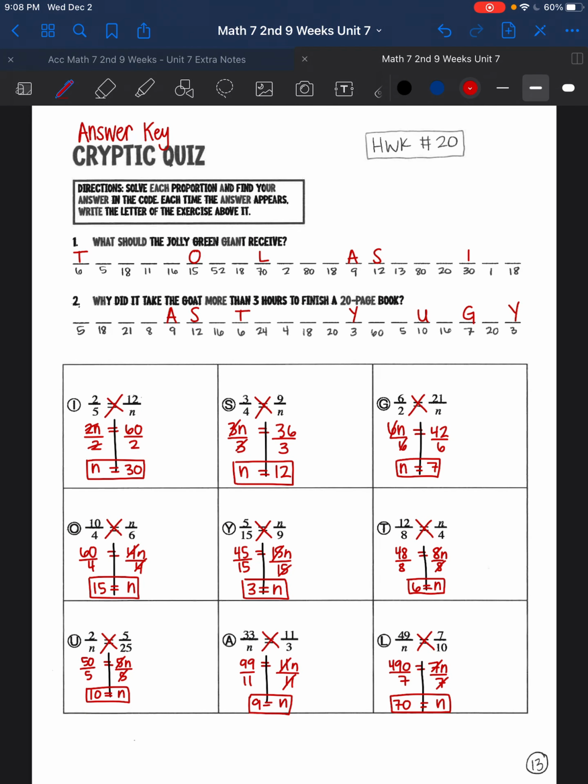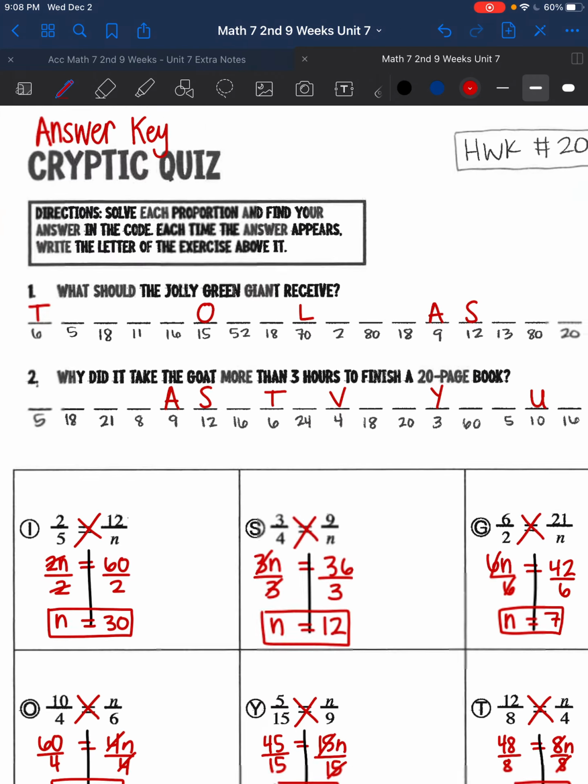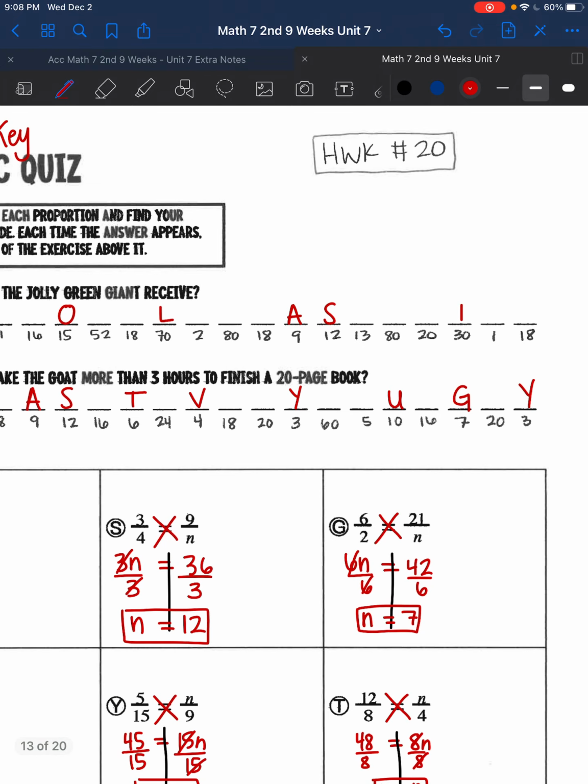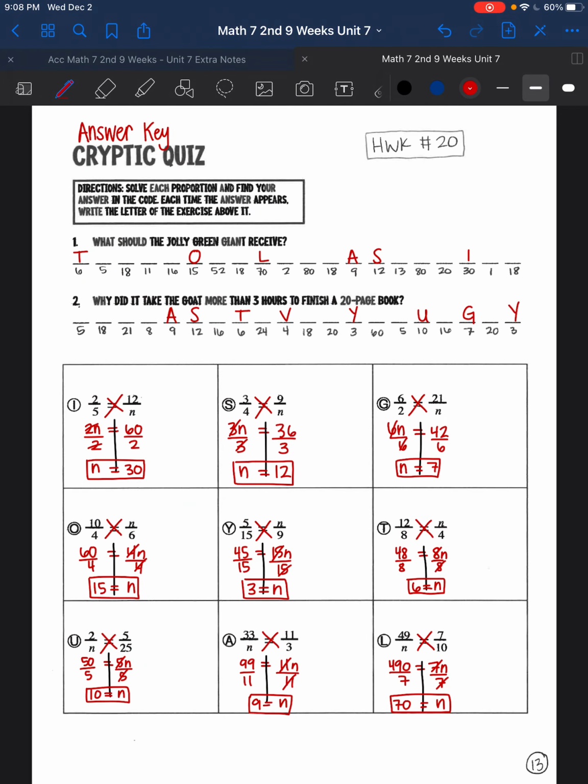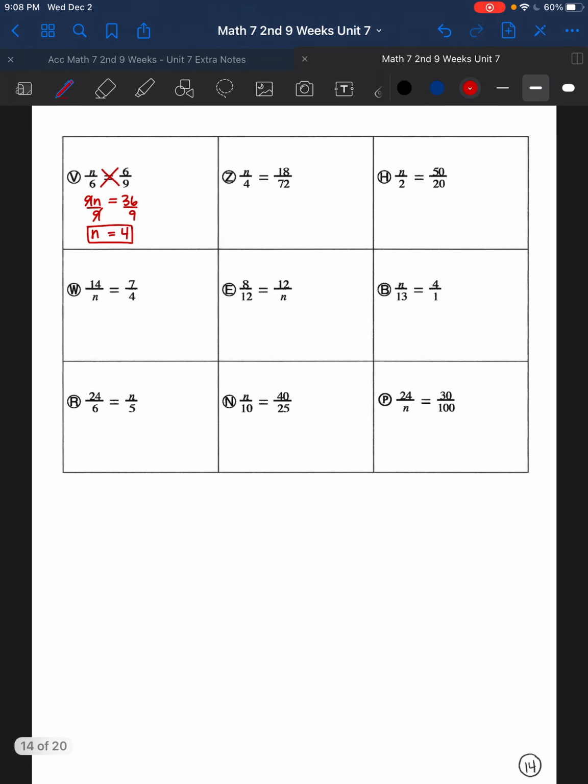So anytime I see a 4, I'm going to write the letter V. So in the top row, I don't see any 4s, but in the bottom row, there's one right there. Any other 4s? I don't think so.